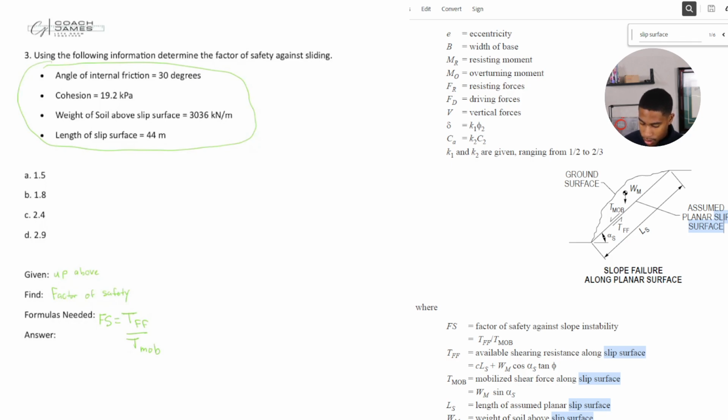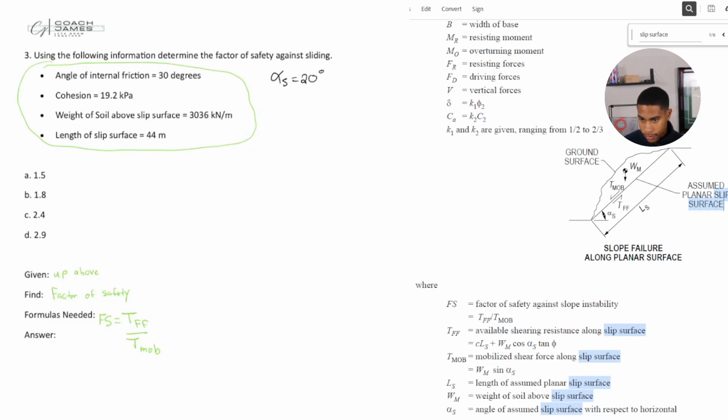I'll say the angle of assumed slip surface is equal to, we'll just say, 20 degrees. If it's 20 degrees, then we would have all the variables necessary to solve for TFF and T mob. So let's do that.